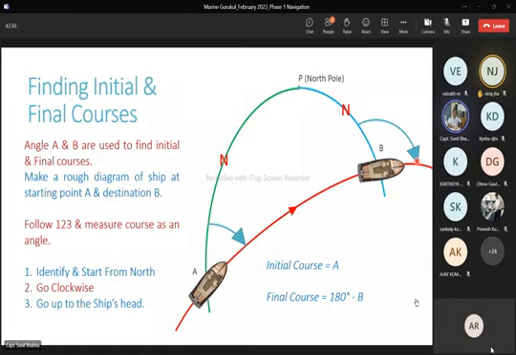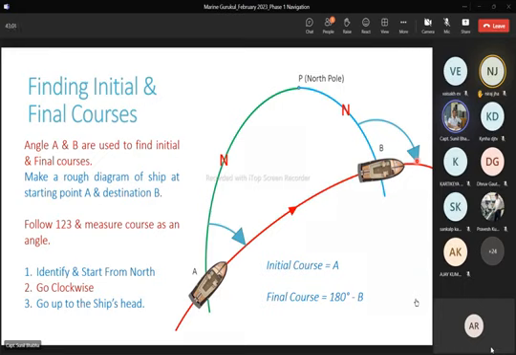Now, just as a straight line, if you pick up any point on a straight line and you measure the angle of that straight line, it will always come to 180 degrees. 180 degrees is also known as a straight angle. So at any point of a line, if you measure the angle, it will be 180 degrees.